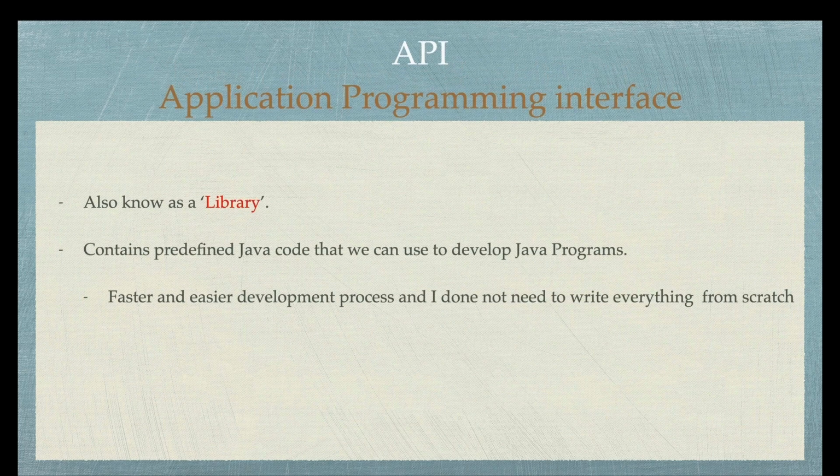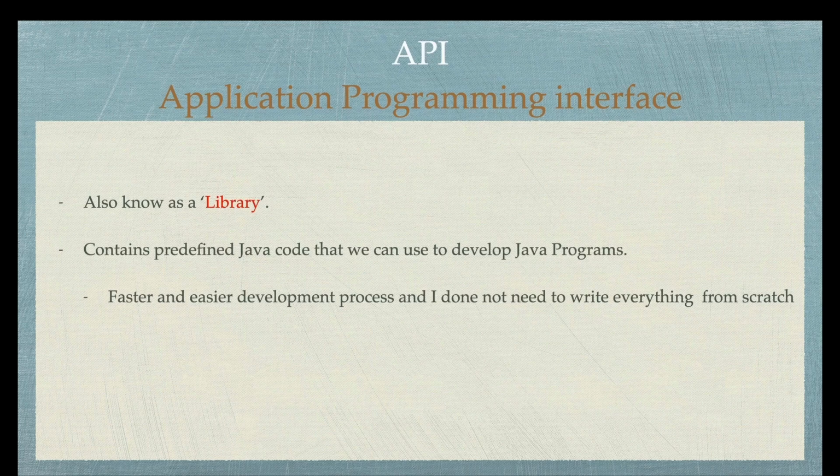So, let's talk about APIs. API means Application Programming Interface, also known as libraries. They contain predefined Java code which we can use to develop Java programs. Right? We don't want to code everything from scratch. So, we already have certain libraries of code which are already written and we can utilize them to make the development process faster and easier.